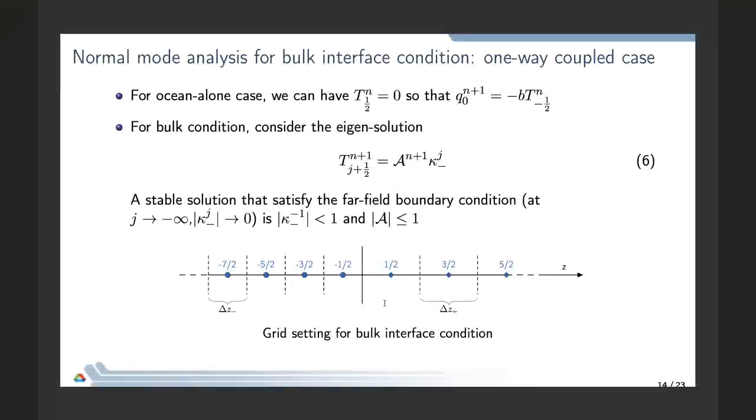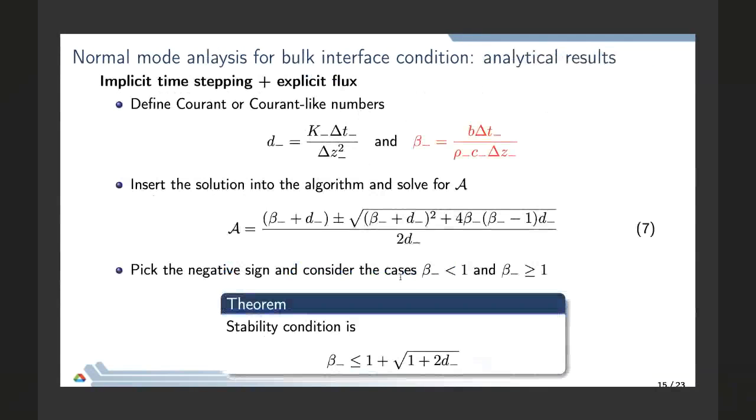Now, our grid setting is slightly different because we don't have a cell that crosses the interface anymore. The interface between ocean and atmosphere is right at the intersection between these two computational domains. First we consider an explicit flux coupling with implicit time-stepping method.